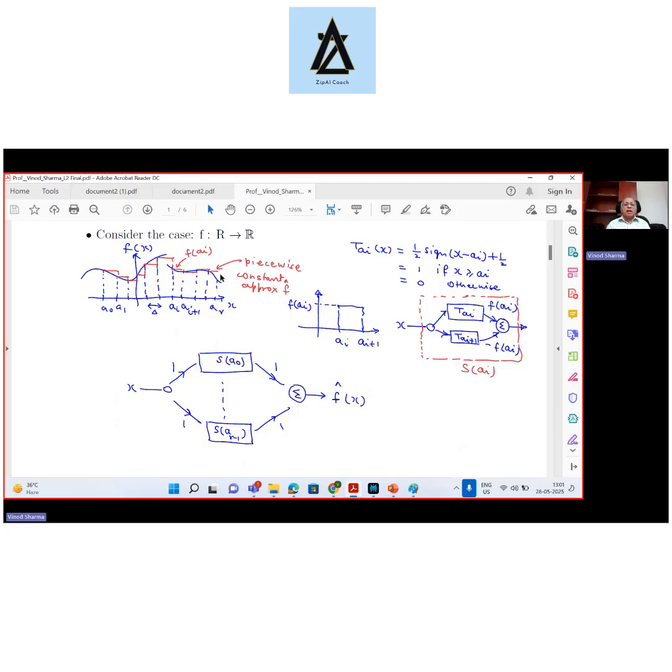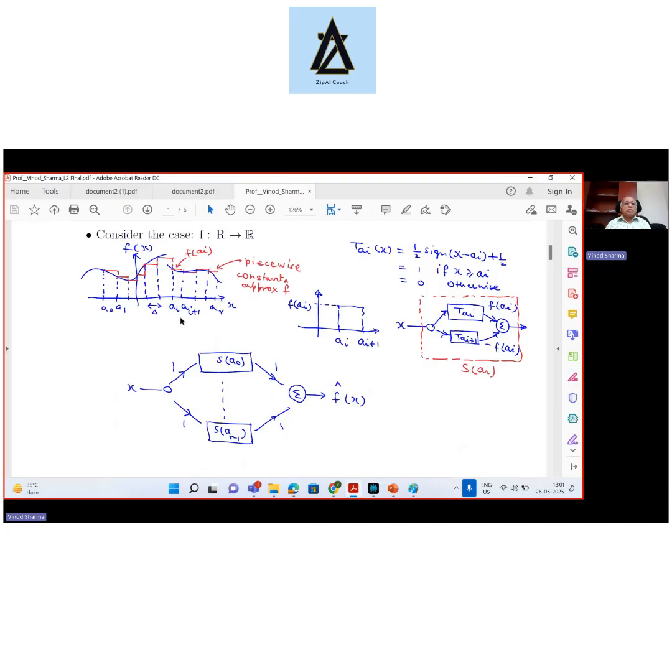So this f hat is a piecewise constant function. If I take this interval delta to be small, then this approximation is going to be a good approximation. Taking delta smaller and smaller will give better and better approximation.